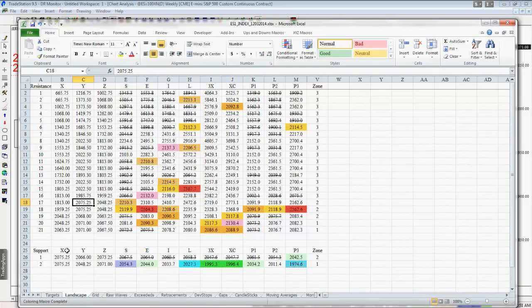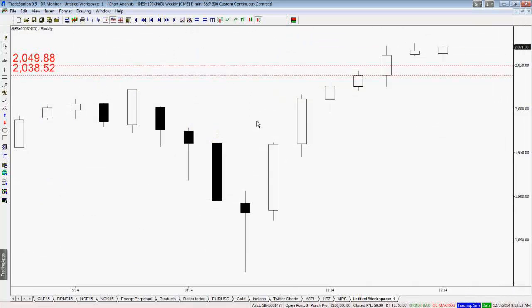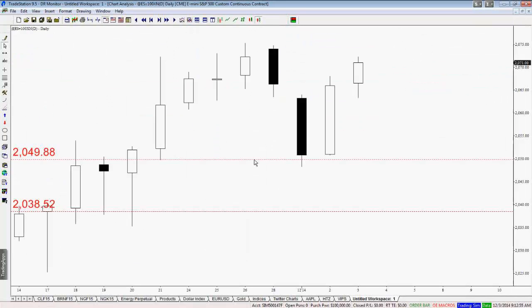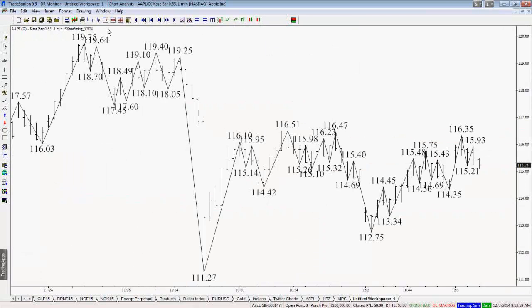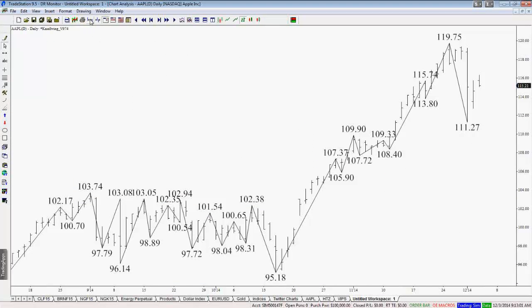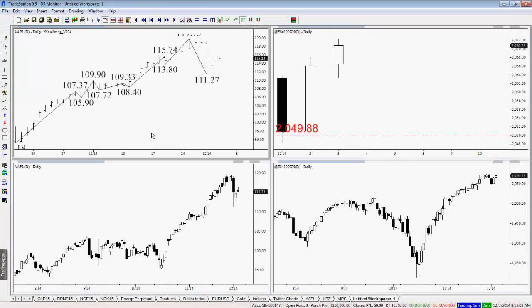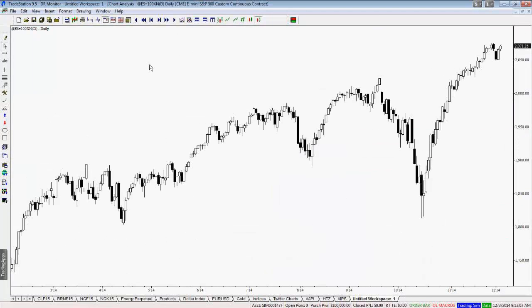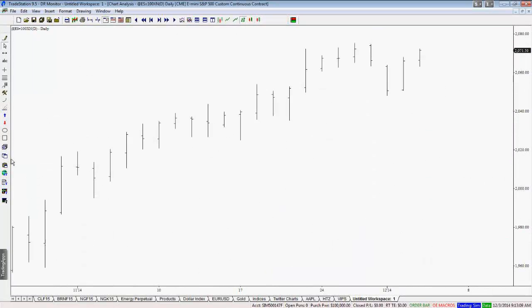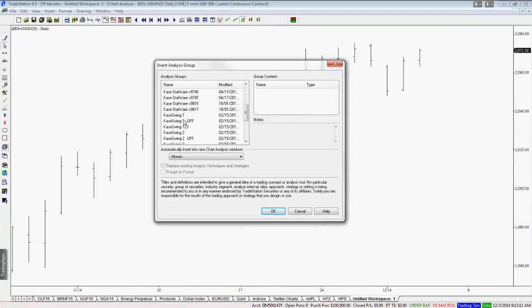Now, right now, as far as this market's concerned, let's look at this on a daily chart. Wrong chart here. So here's our daily. Let me put up my case swing.